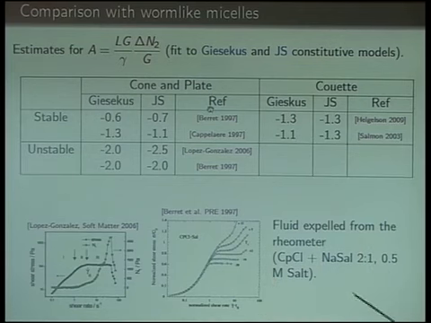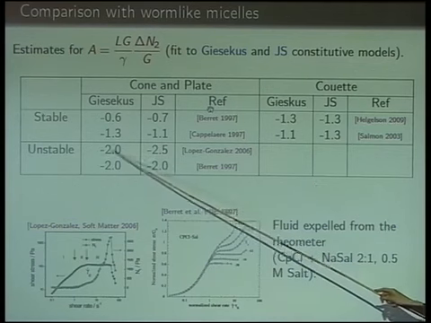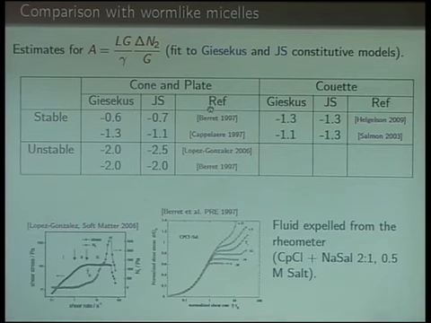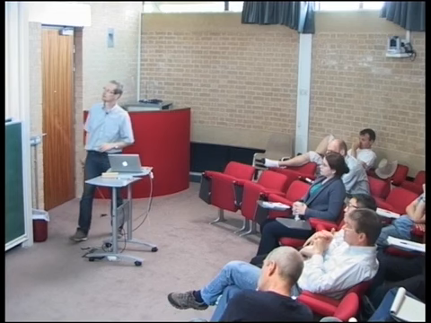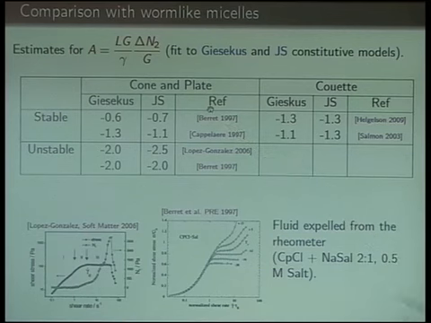And if you look at the ones where it's been ejected from the rheometer, those are where this parameter is towards the more unstable end. Of course, it's very, very crude. We don't know what the actual values are. And in the case where it seems stable as you move all the way across, the parameter is more towards the stable region. Okay. So does that answer your question?